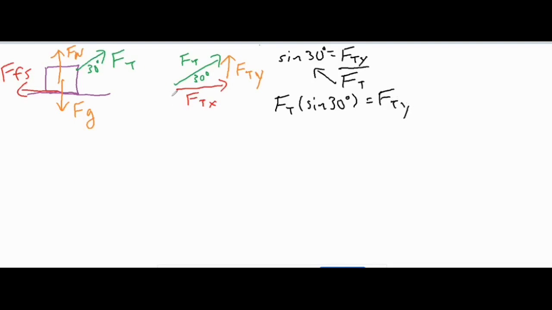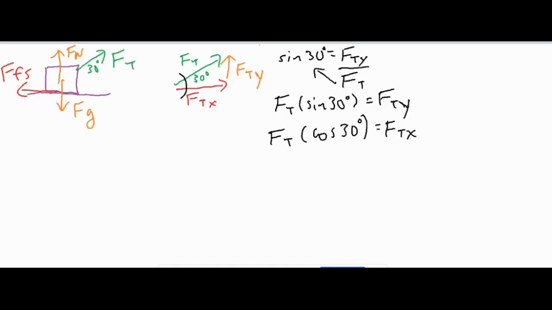And in a similar fashion, you would do the same thing for the Ftx, but since the Ftx is on the adjacent side in relation to our 30-degree angle, you would just end up doing Ft cosine of 30 degrees to get your Ftx.